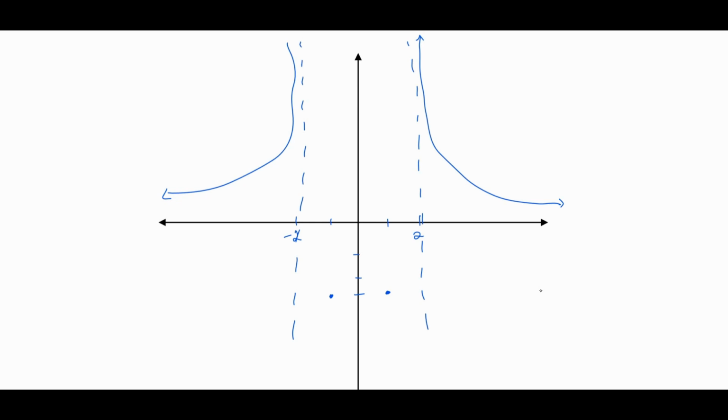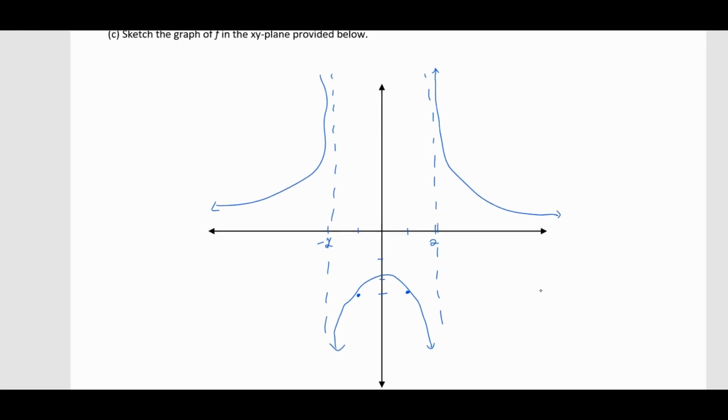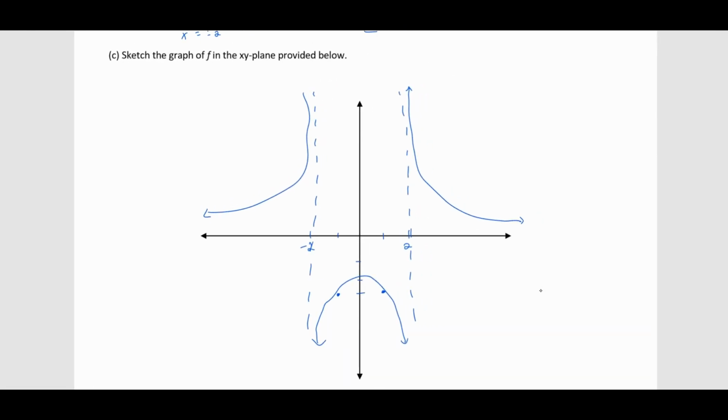And since everything has to be symmetric, what we can do is just connect the points, almost. And that is going to be our graph from the information that we were given and all the numbers that we got from before.